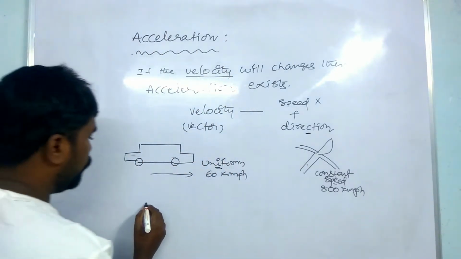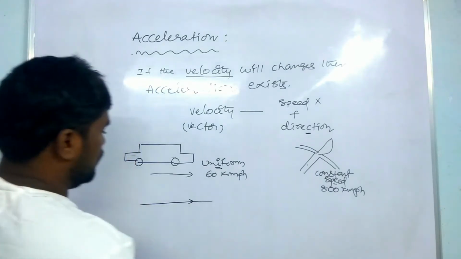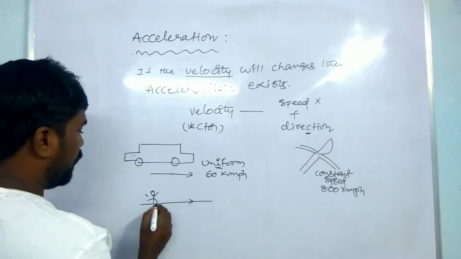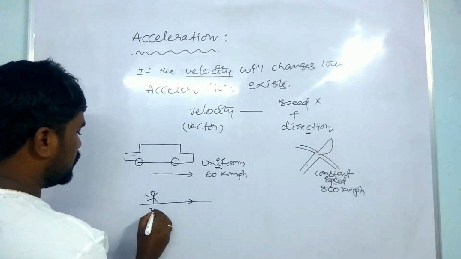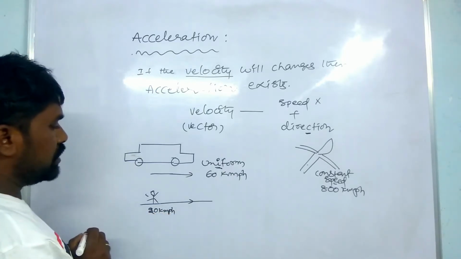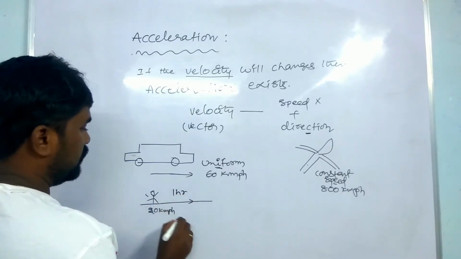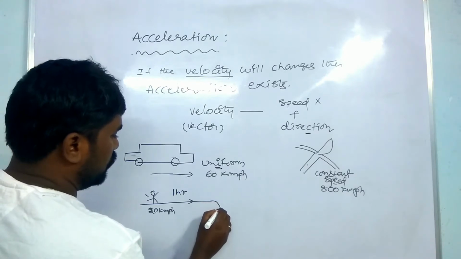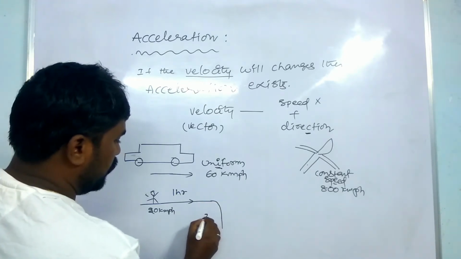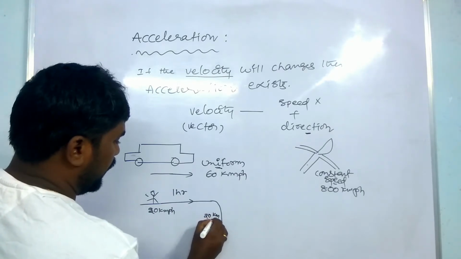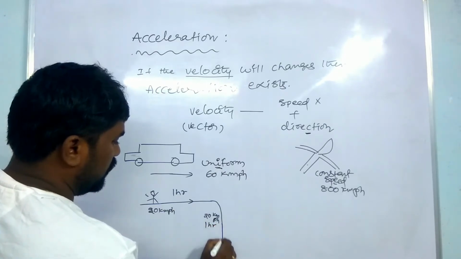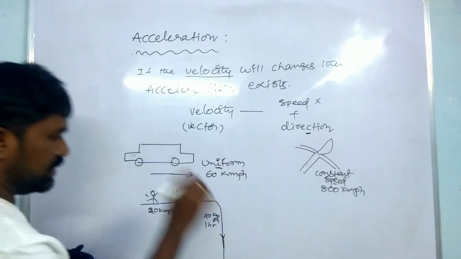For example, if you are moving like this, running at 20 kmph for 1 hour, then you change your direction and run at 20 kmph again for 1 hour, and continue like this.